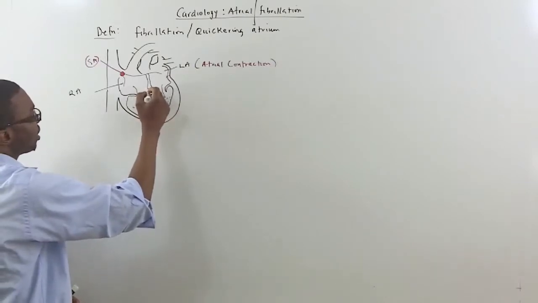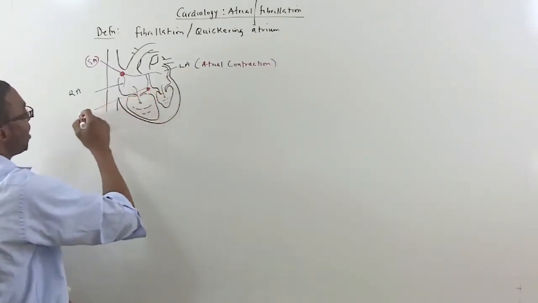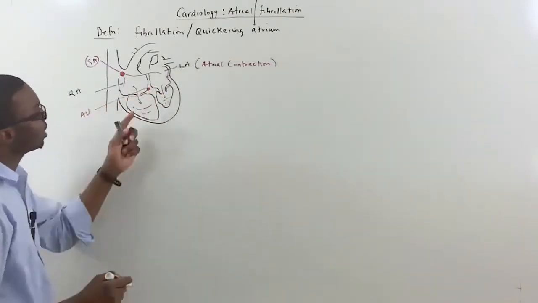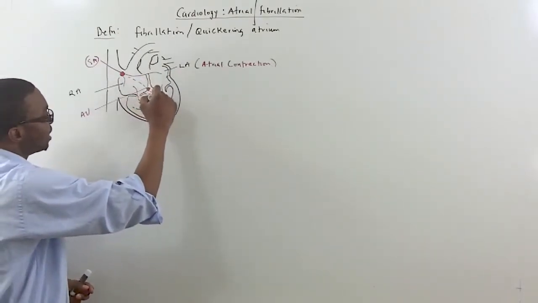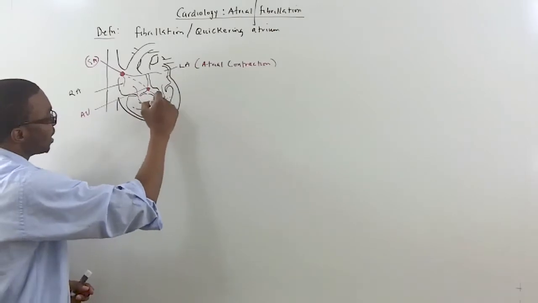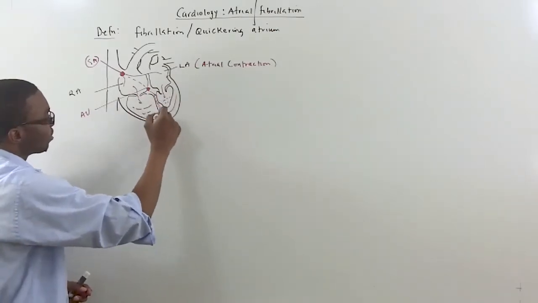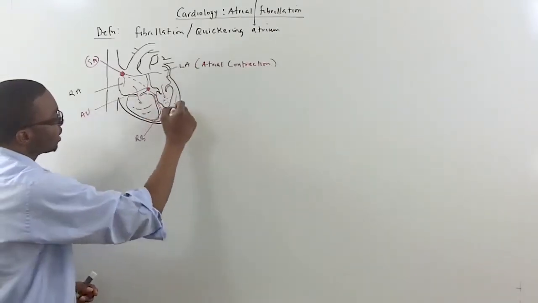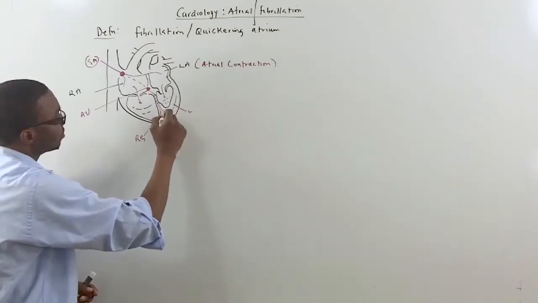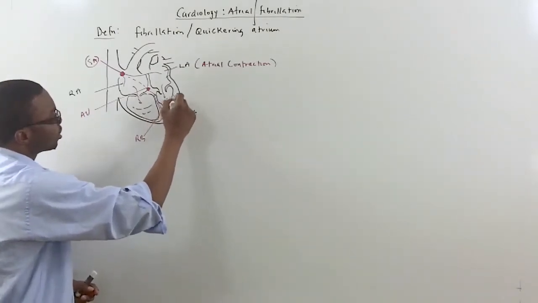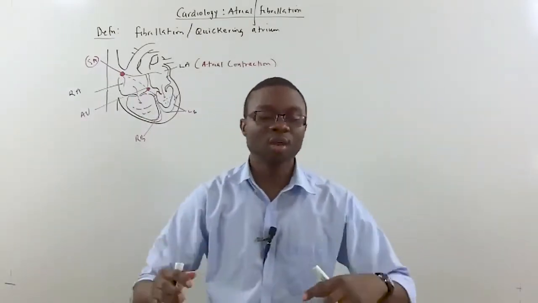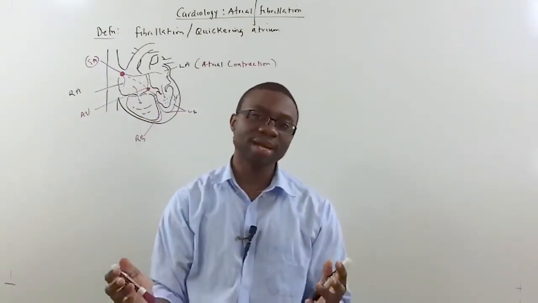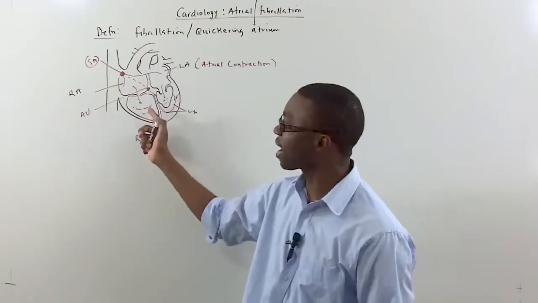Now, right at the junction here is the AV node. The AV node is going to get the depolarization also and fire down the His bundle, going down the left and the right, right? The right bundle and the left bundle, and eventually to the Purkinje fibers, and then the ventricles are going to depolarize. While the ventricles are depolarizing, getting the action potential firing down, right?